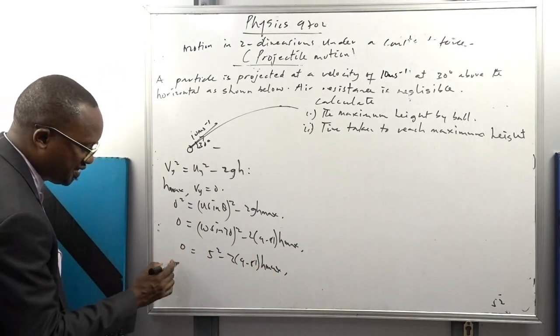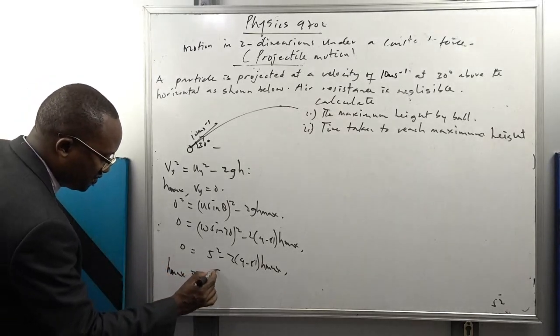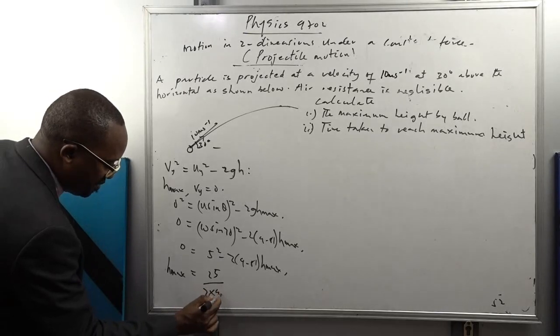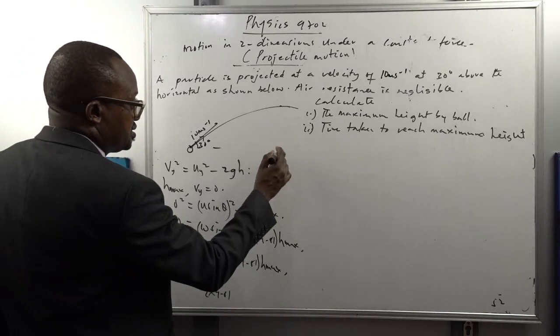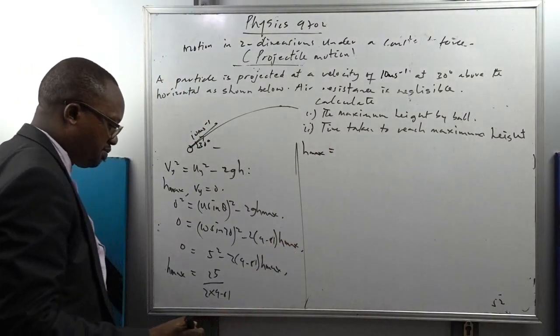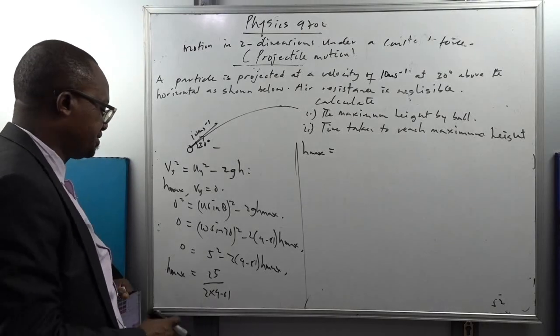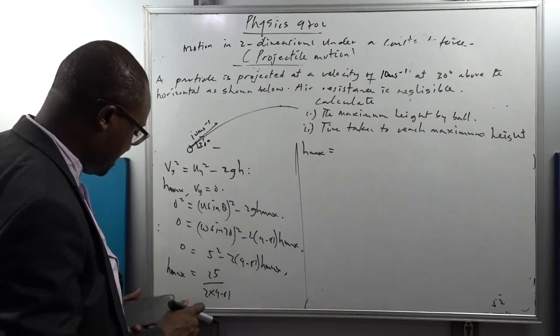If you bring this one here, the maximum height will be equal to 5 squared, which is 25, over 2 times 9.81. Approximately, that is 25 over 20, so approximately 1.25 meters.